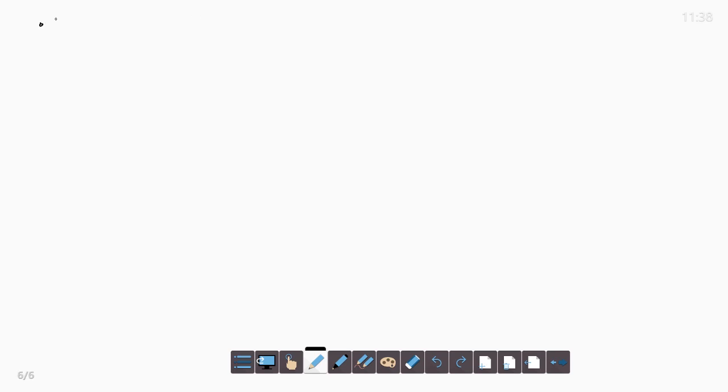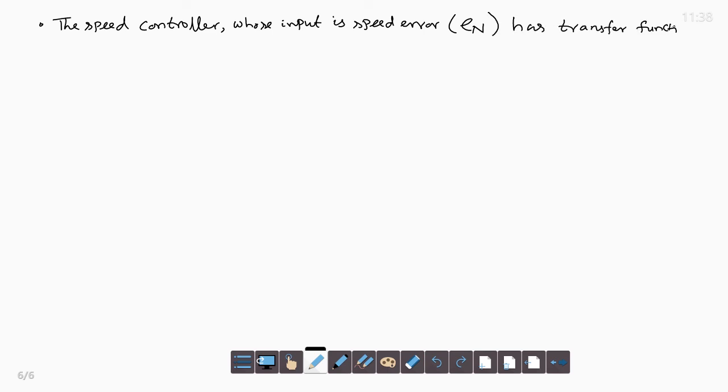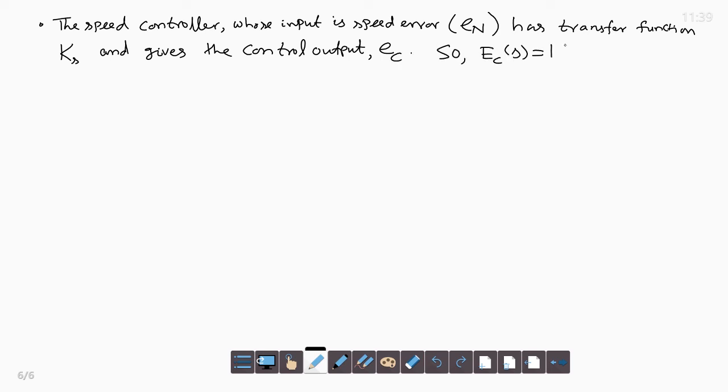So some points are like this. The speed controller, whose input is the speed error En, has transfer function Ks and gives the control output Ec. So the control voltage Ec(s) is the speed controller transfer function Ks into the speed error signal En(s).